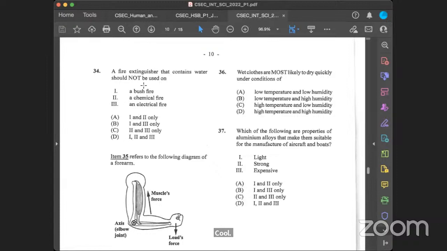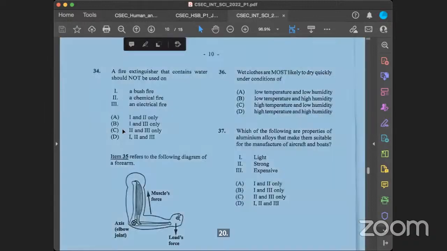34. Which of these fires should we not use water on? You should not use water on a chemical fire or an electrical fire. So the answer is C, 2 and 3.